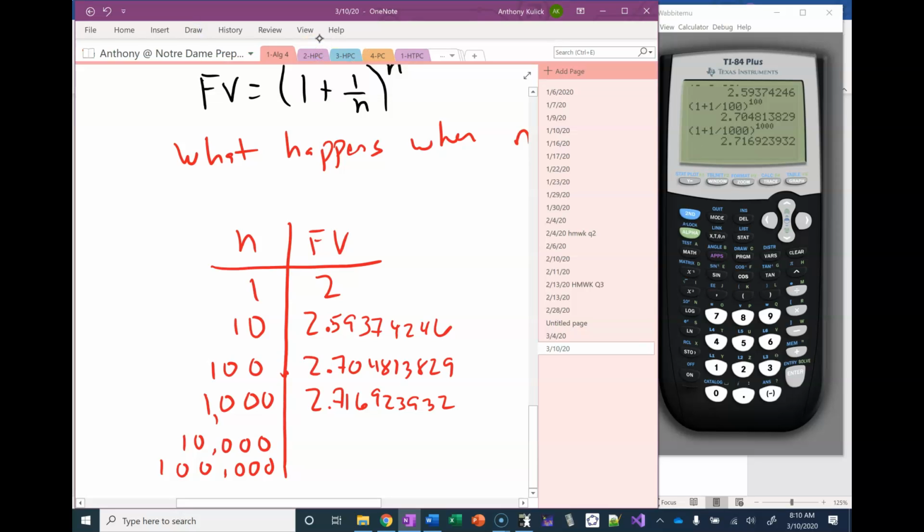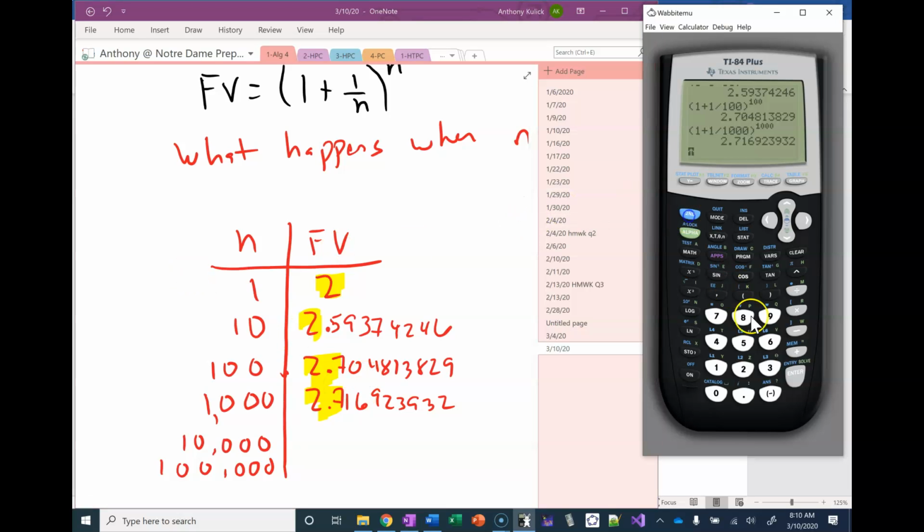Is it increasing the same amount each time? No. Is it increasing more or less each time? Less, right? In fact, it looks like it's probably going to be settling down to a specific value. So notice here, the first digit matches. And then eventually we get 2 digits that match. Let's see what happens when we put 10,000 in.